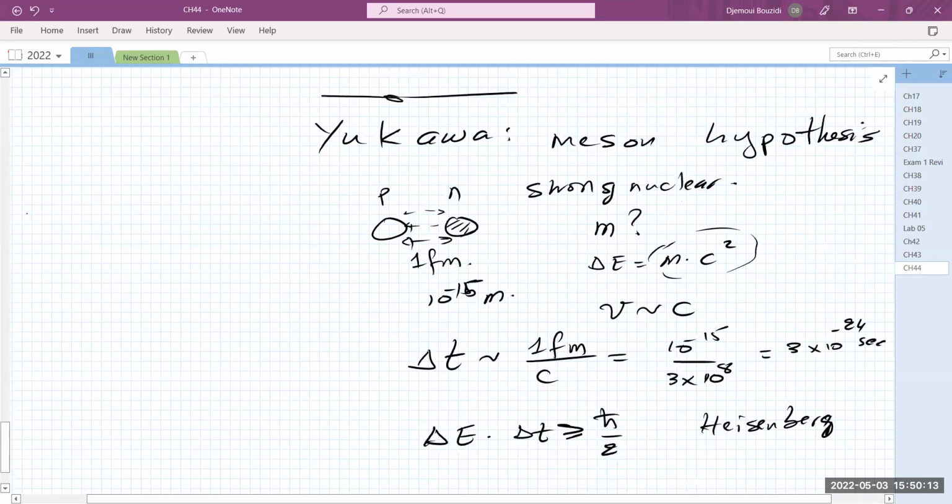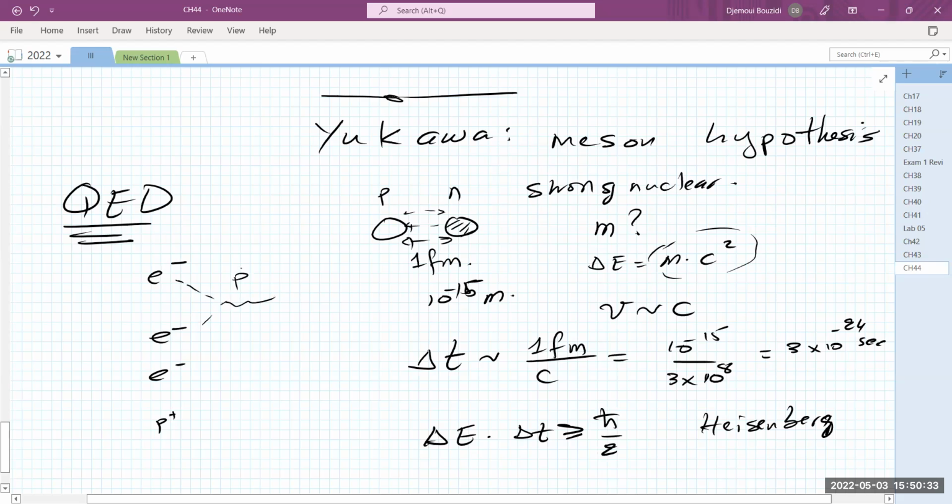Obviously, I forgot to mention that this whole thing was inspired by the ever-evolving at that point QED, quantum electrodynamics, which was describing how the electron and proton interact by exchange of virtual particles, in this case called photons.